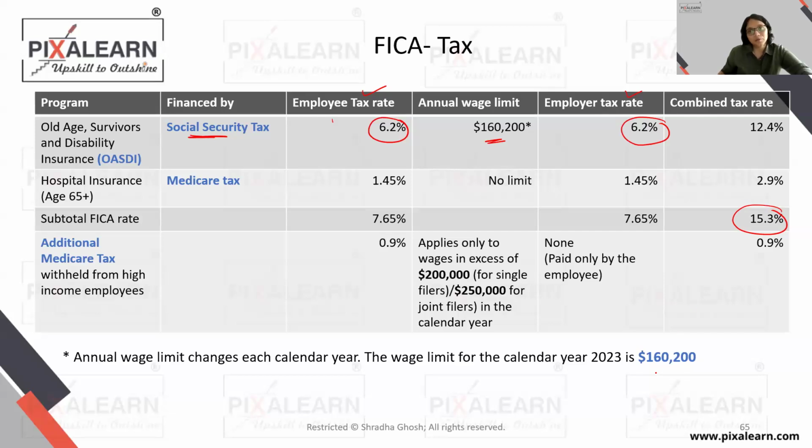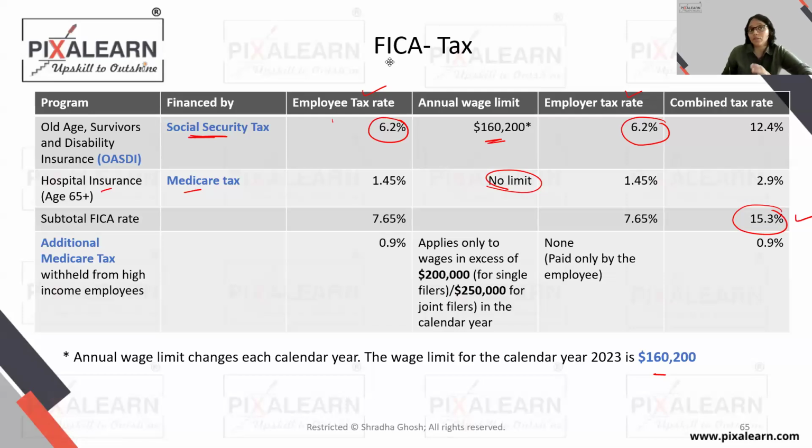For the year 2023, the cap is on wages up to $160,200. And then we have a Medicare tax that is paid for old age hospital insurance, which has no limit, and which is 1.45% for both the employee and the employer, adding up to 7.65% for the employer and 7.65% for the employee, making it up to 15.3%.